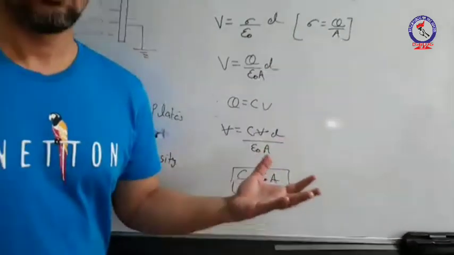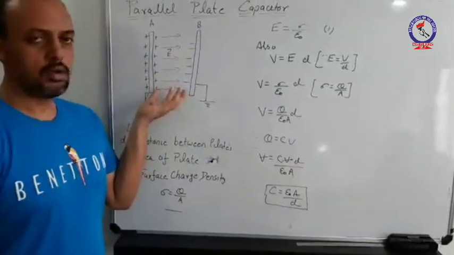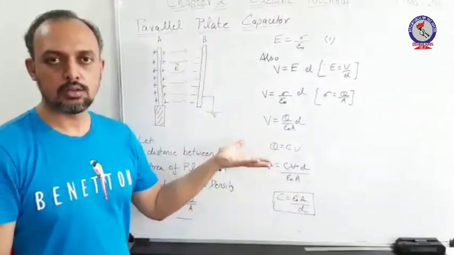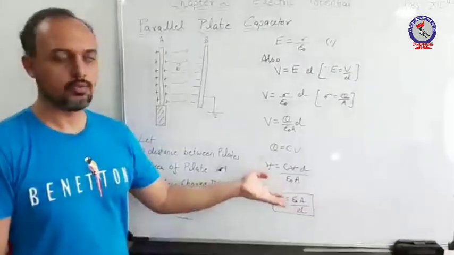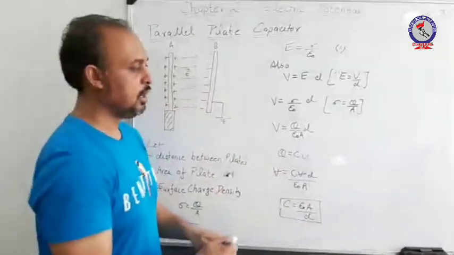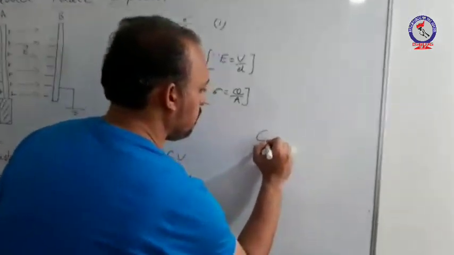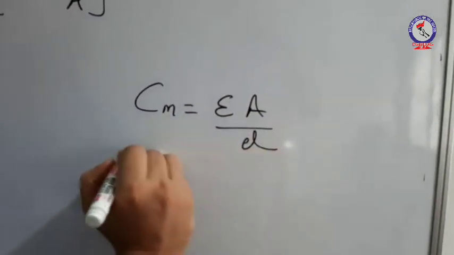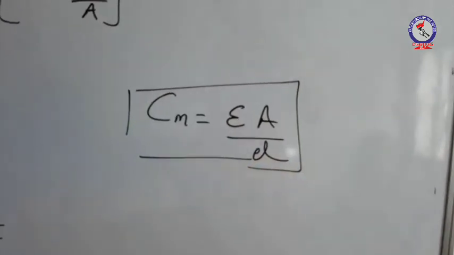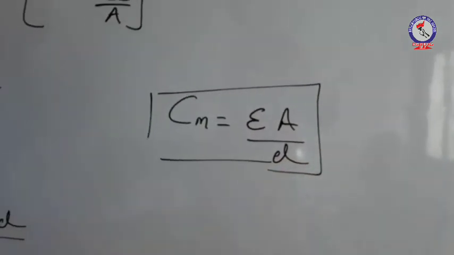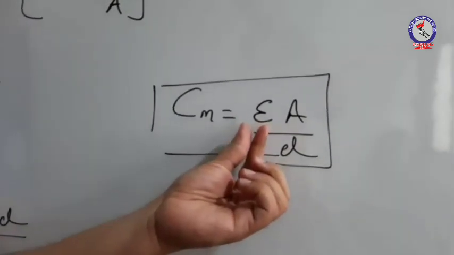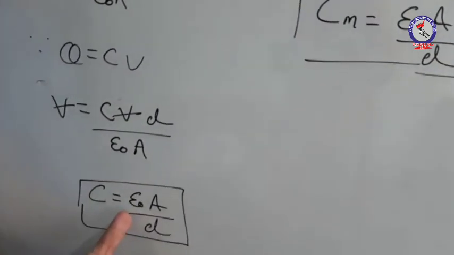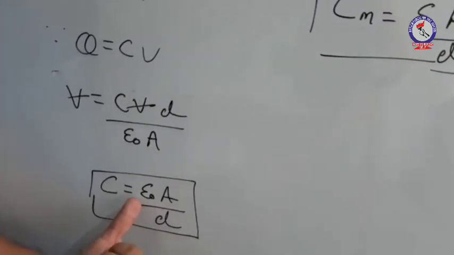Now let us suppose you are replacing the air between this capacitor by a certain medium. Under that condition, the expression for capacitance with a medium between the plates can be expressed as Cm equals epsilon A by d. You should be very careful while writing these expressions, because in the initial case when we were using air between the plates, we wrote epsilon 0 representing the electrical permittivity of free space.